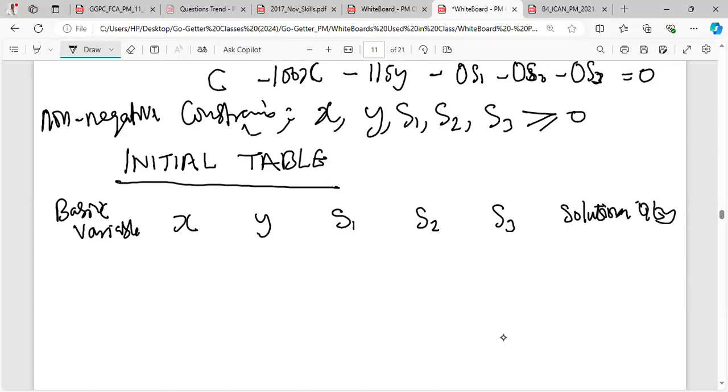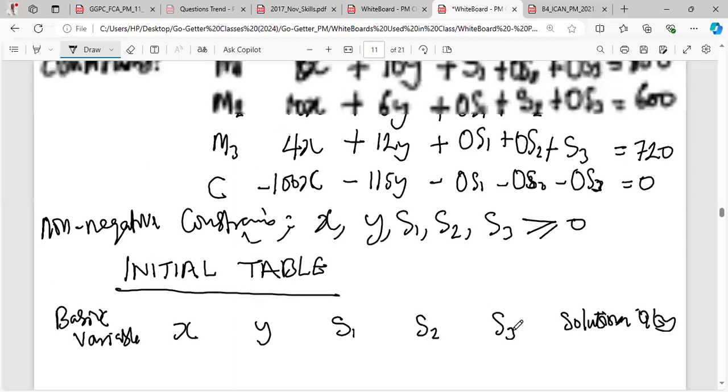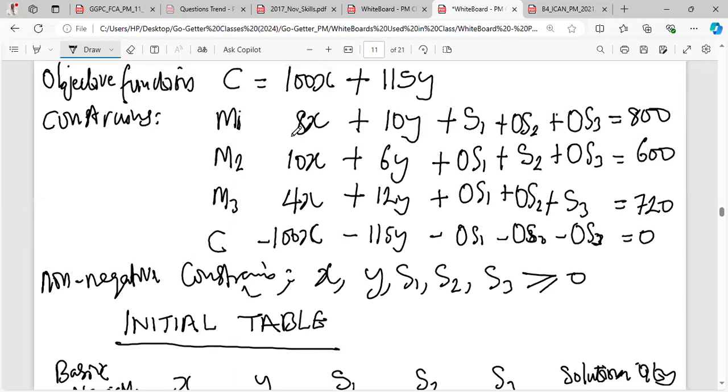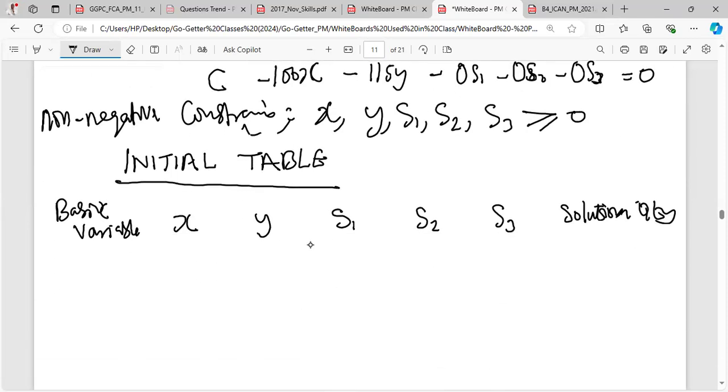We don't know what the basic variable is here, but we will put all of these values. So for x, we have 8, 10, 4, and minus 100.